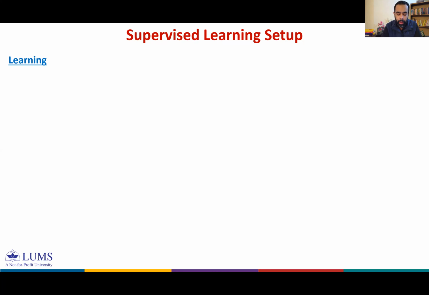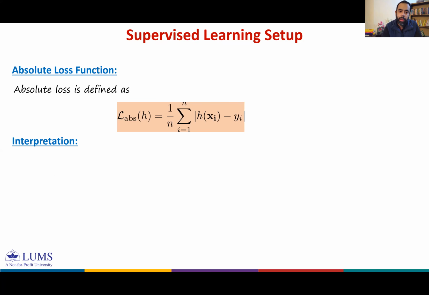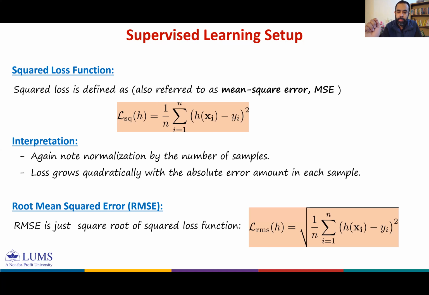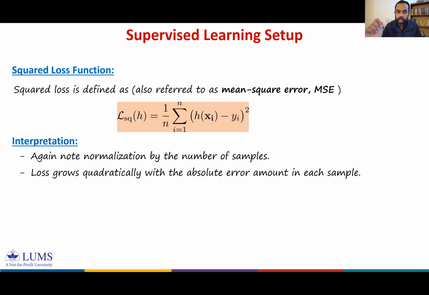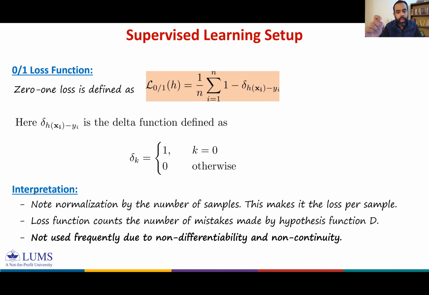देखिए इंट्यूटिवली क्या बता. हाँ बिल्कुल. So जो 0-1 लॉस है, very good question. 0-1 लॉस जो है वो सिर्फ बता रहा है कि मिसमैच है या नहीं है, right? It is simply counting the number of mistakes, right?